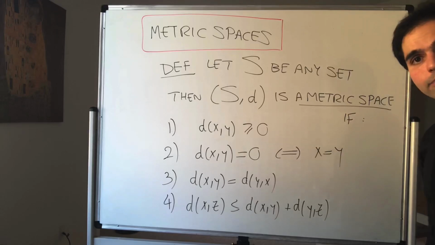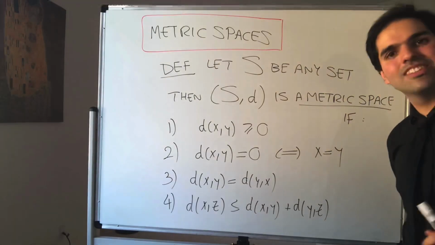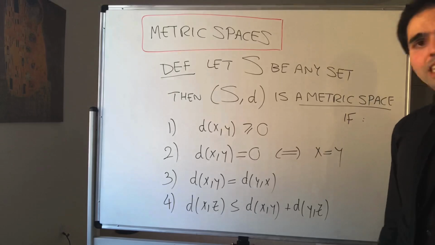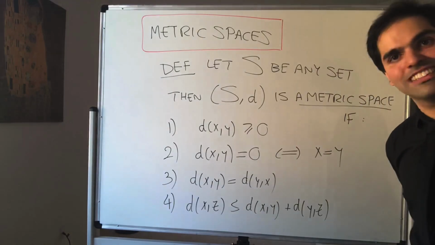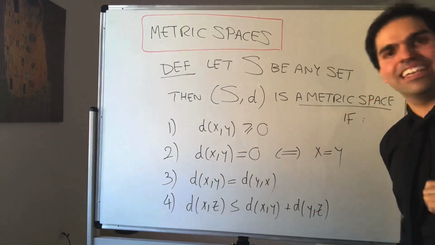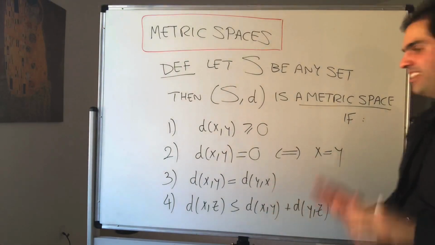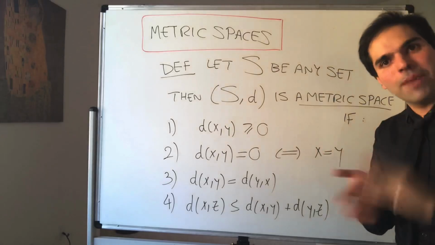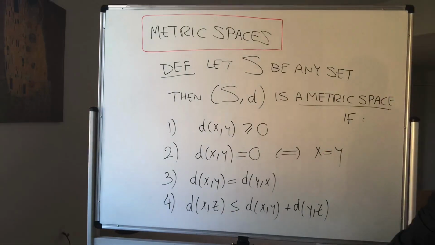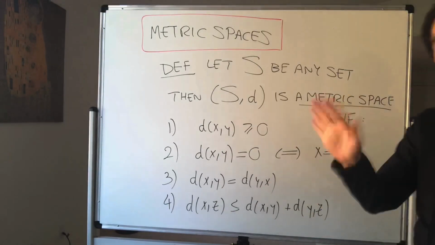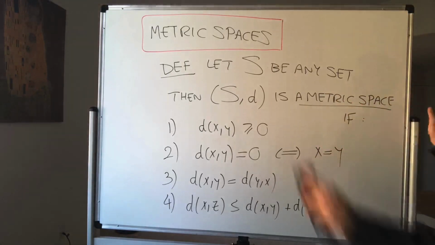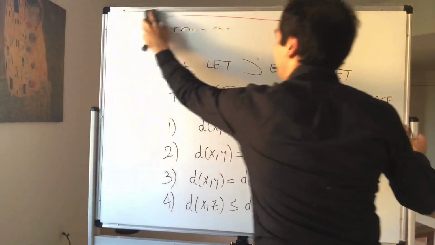Alright, it seems like a weird definition, but similar to before. And really to show you how powerful this is, let me give you 10 examples of metric spaces that occur in nature. Some very important examples that you'll see throughout this course, except maybe the last 2. They're a bit exotic.